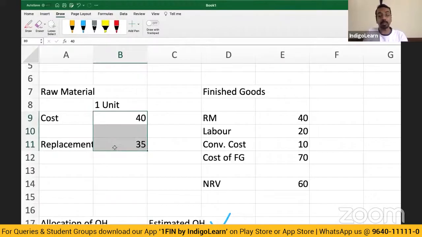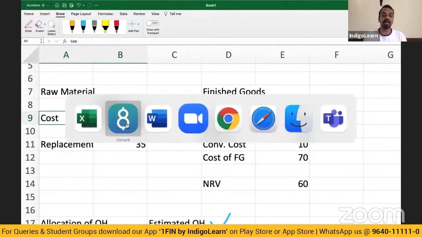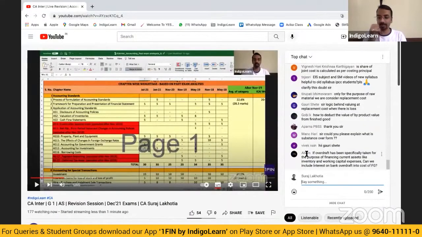But generally what I expect is that by using this raw material, I will be able to manufacture a finished product which I will be selling at a profit. So if I am selling these products at a profit, then I'll continue to value raw material at cost. Otherwise, I'm making a provision for reduction in value of inventory. The moment I reduce the value of inventory, my profit will go down. I'm actually making a provision for that loss in the value of inventory. That is why we are using replacement cost.